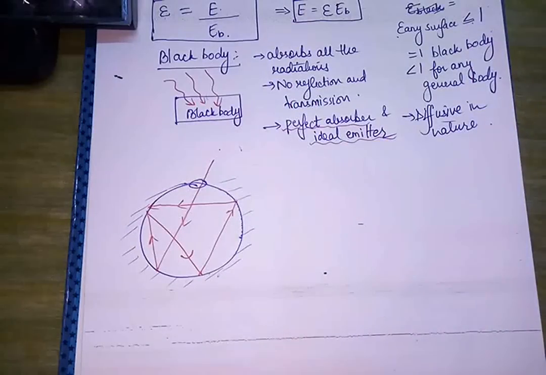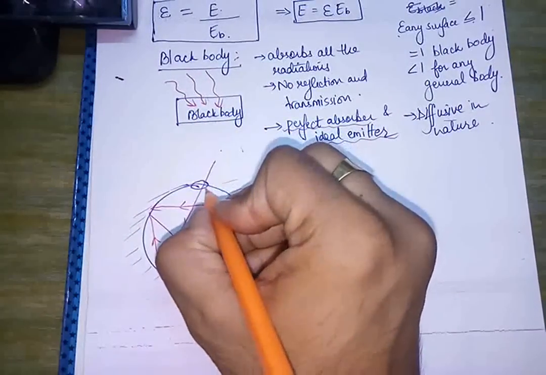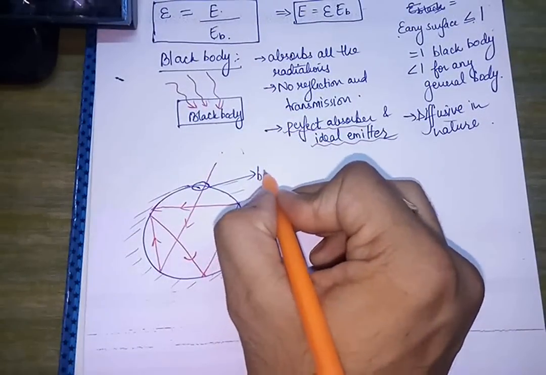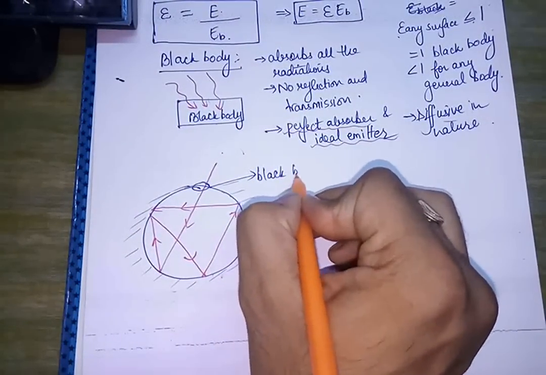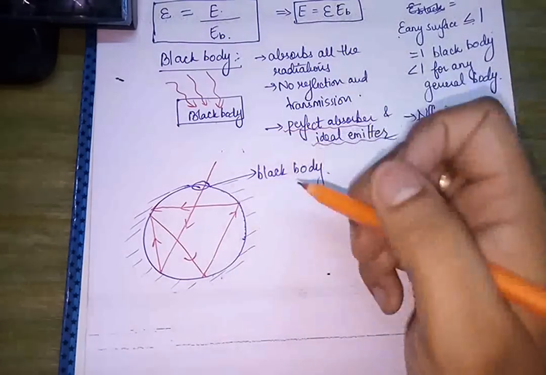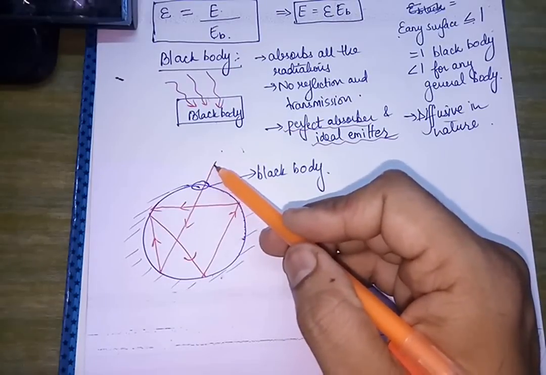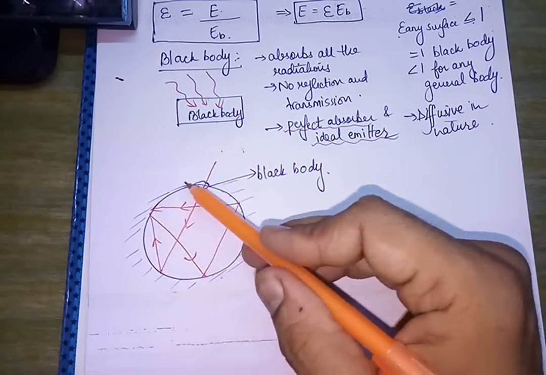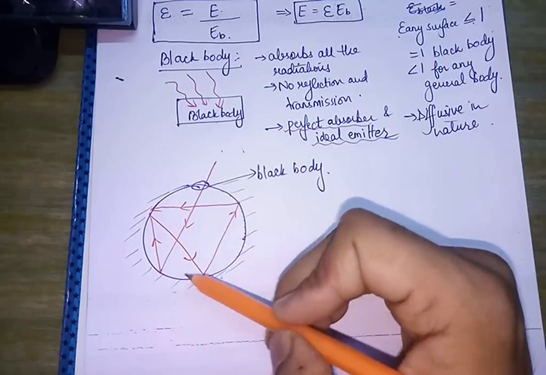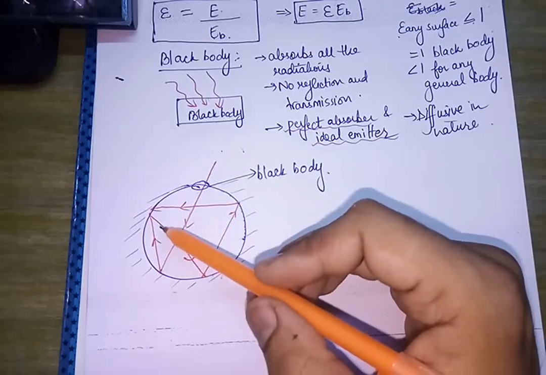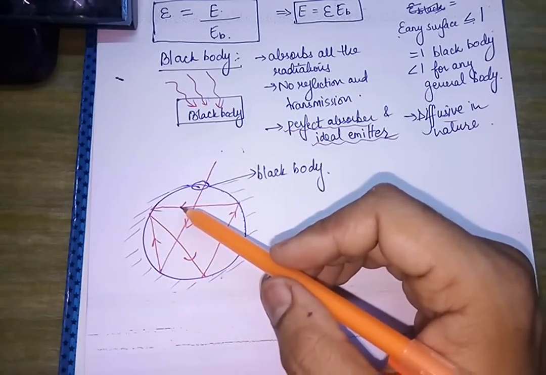Actually, this cavity in this body can be treated as a black body. The radiation which is incident on this body is being completely absorbed after multiple internal reflections.